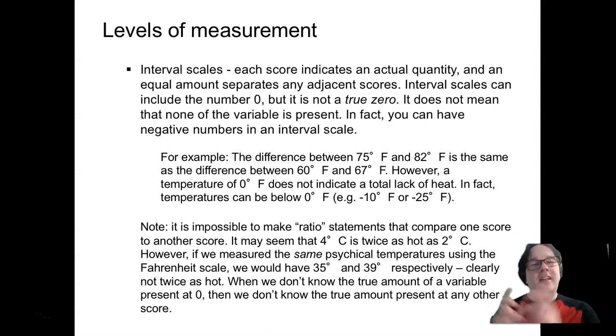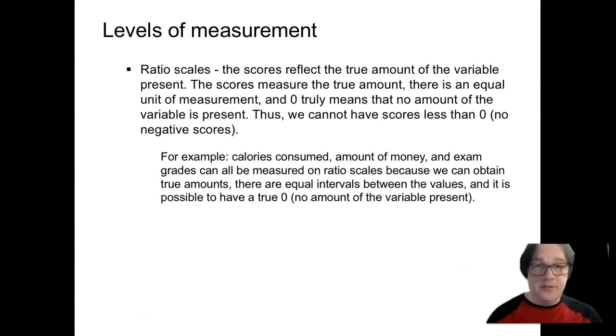We can't say that this is twice as much as this, right? With an interval scale. We can with a ratio scale, because in a ratio scale, we do have a true absolute 0.